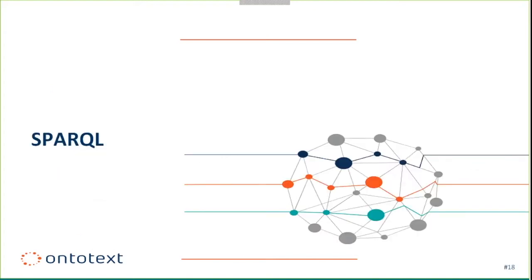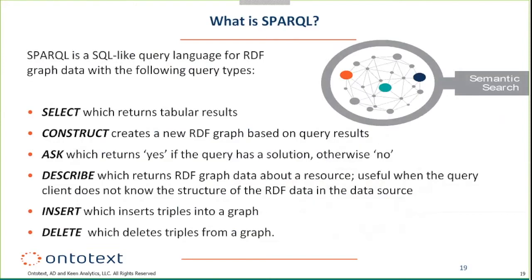So if you want to effectively use semantic technologies, you have to be comfortable with using SPARQL, the query language of the semantic web. So it's a SQL-like query language for graph data, and you have the following query types. You can use a select query in order to get tabular results.